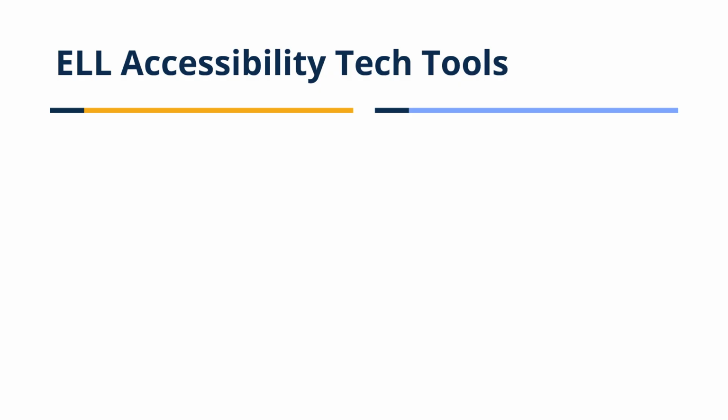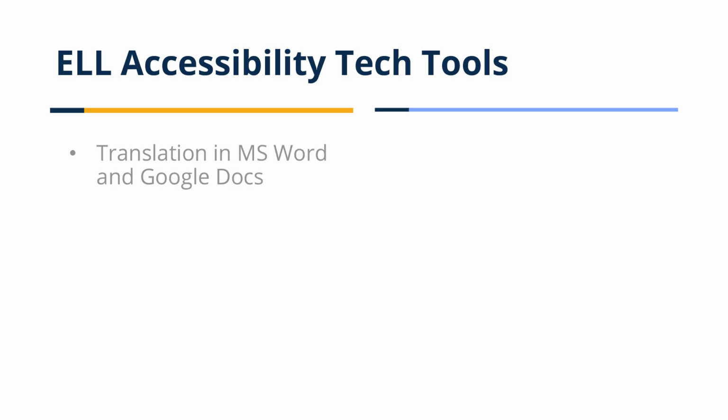So we've talked about SPED students and special education students. Some of our SPED students are also ELL students, and there are accessibility tools for them as well. I do want to caution you on this.